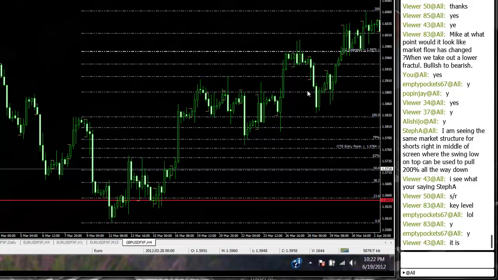Note also these levels that were acting as resistance and support, here, here, and then ultimately up here. These levels were determined when price started to run from this low. So weeks before we got to this level, we knew all these levels were probably going to be impactful.